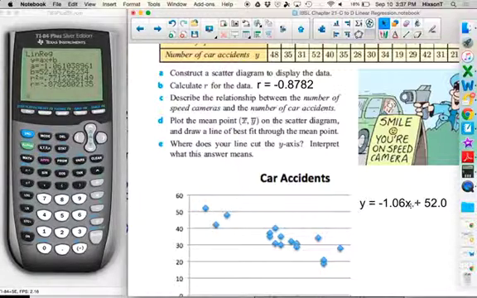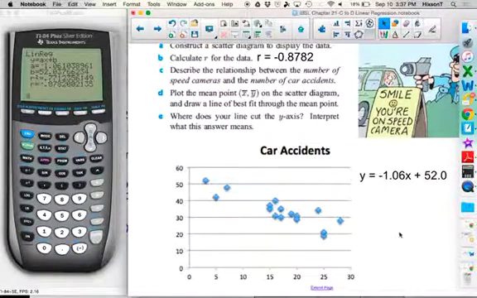If there's no cameras, we would predict that there's going to be about 52 accidents. Okay? As we put cameras in, you can see from the slope here, every one camera is going to eliminate potentially one accident. Now, extrapolating that out, does that mean if we put 52 cameras, we're never going to have an accident?